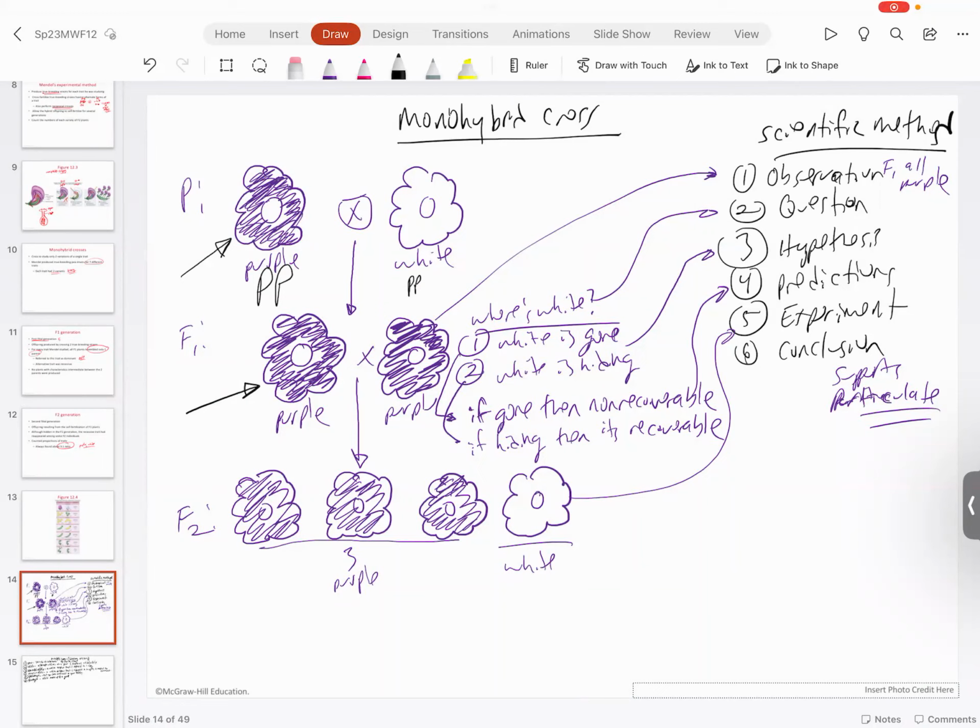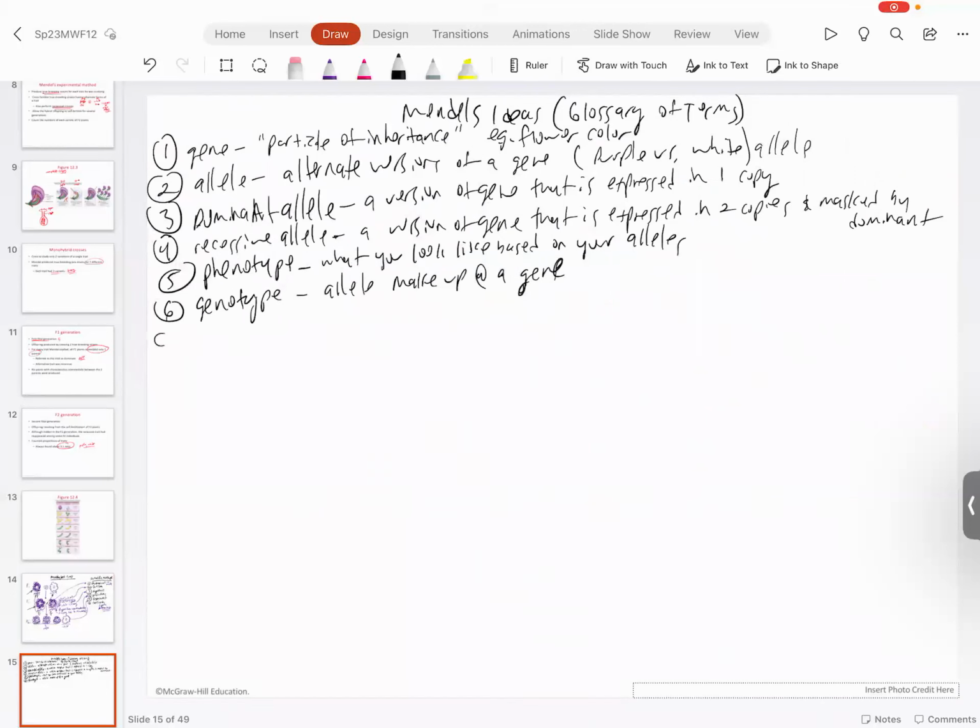So then this individual parent will give the big P, this individual parent will give the little p, and what you have here in the F1 is an organism that has 1 of each, which makes sense, right? Because you've got the dominant purple allele covering the recessive white allele. The white is still there, so it can come back around if you put in the right combination. So what Mendel basically did was figure out the different genotypes. So the first one is homozygous dominant.